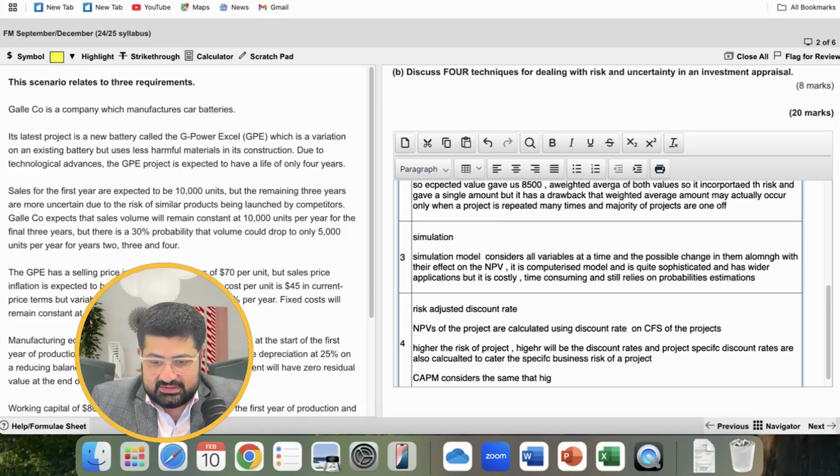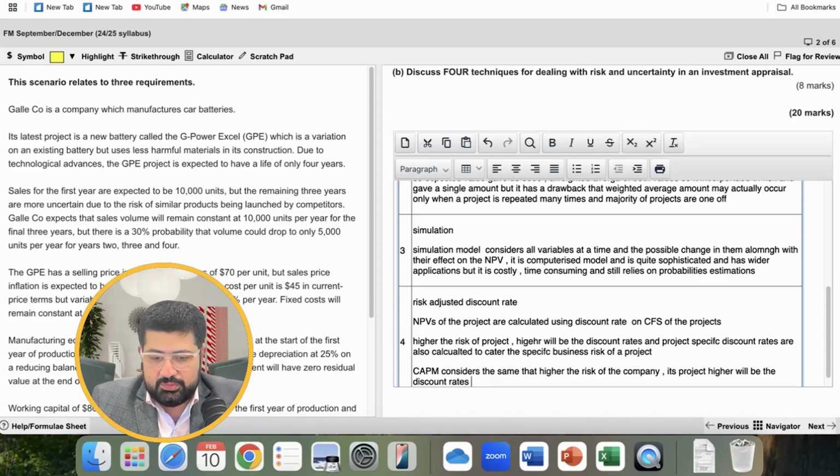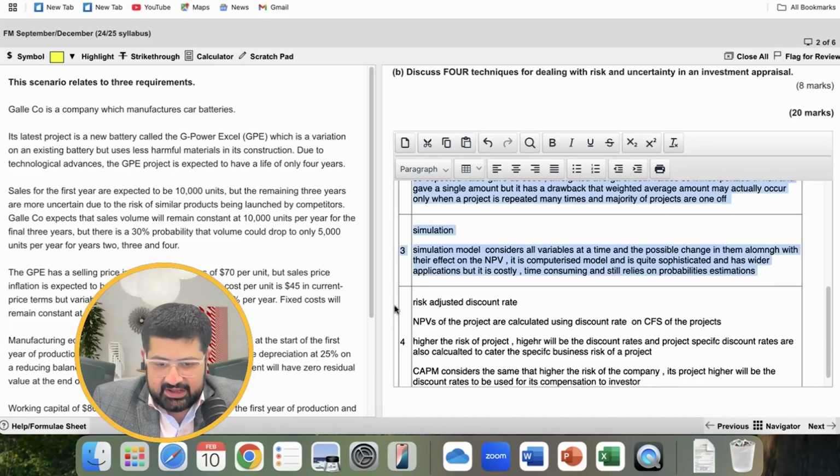that higher the risk of the company, its projects, higher will be the discount rates to be used for its compensation to investor. So that's enough.